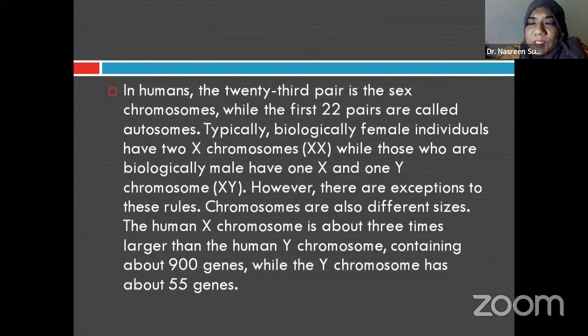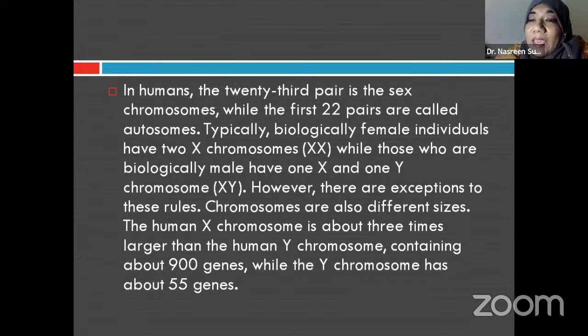In one question paper, it is asked from which chromosome a child's sex will be determined. It will be determined by the chromosome of the father. Why? In a female you will have XX only, so whatever the chromosome, the fetus will receive X only.